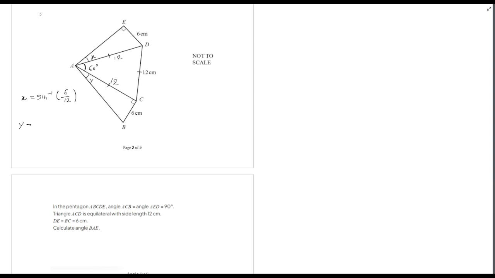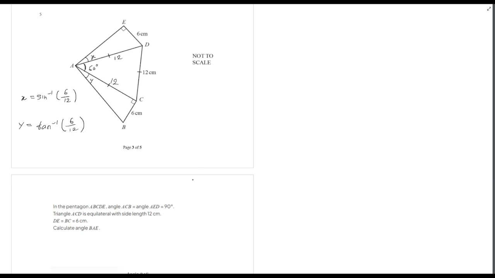And Y, in this case, opposite and adjacent are given, 6 divided by 12, so the tan formula will apply. Y is equal to tan inverse 6 divided by 12.